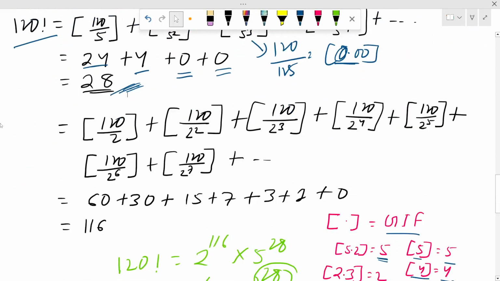For clarification, you can find the power of 2 also: 120 by 2, 120 by 2 cubed, and so on, infinitely.